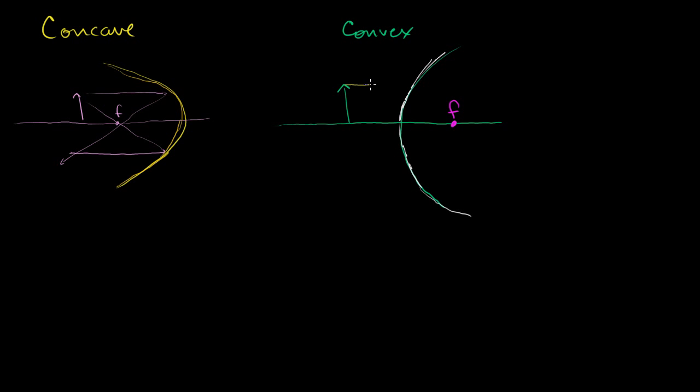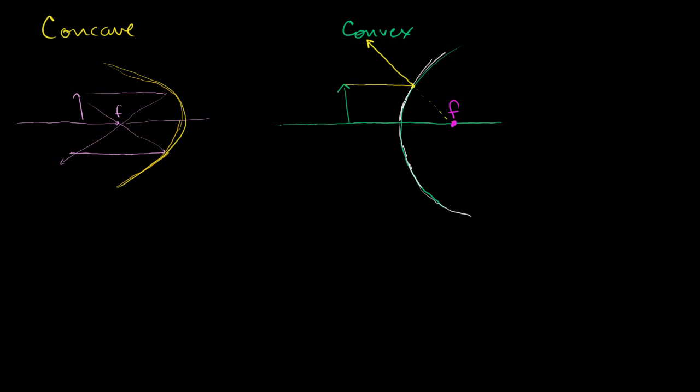If something is parallel to the principal axis, and I'm not doing the math over here, but if it reflects on the outside of this parabolic mirror, it will reflect in a way that it looks like it's coming from the focus. Obviously the focus is on the other side of this mirror, but it would reflect so that it looks like it's coming from the focus. So that ray will reflect like that.